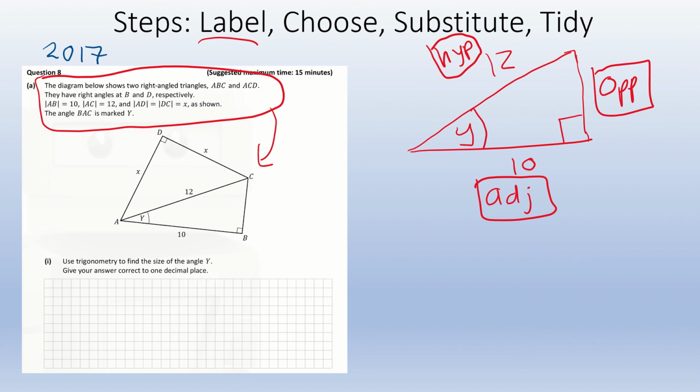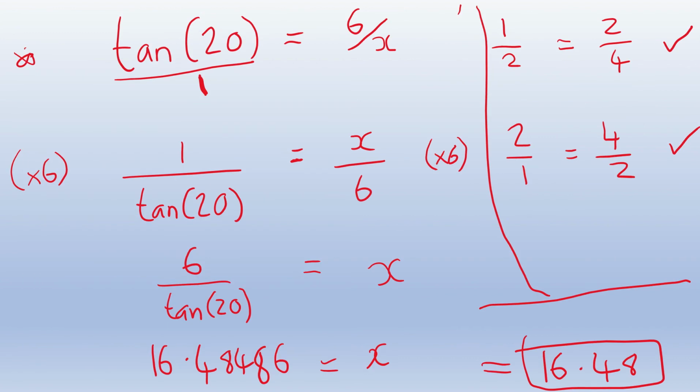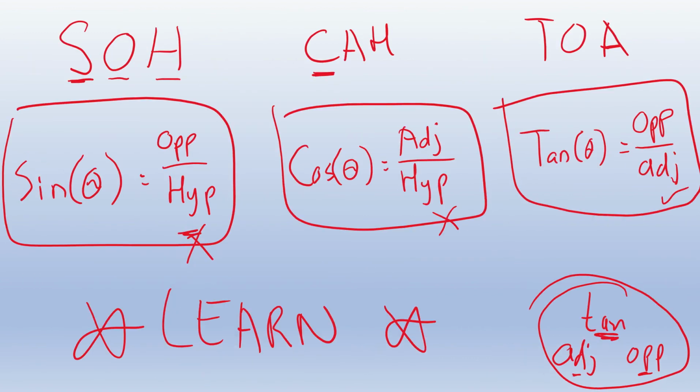So once you've got it labeled, you've got to choose whether you are using sine, cos, or tan. So in my diagram here, I've got my adjacent and I've got my hypotenuse. So if we go back to where I had written, back here, the one out of my trigonometric ratios that uses adjacent and hypotenuse is cos.